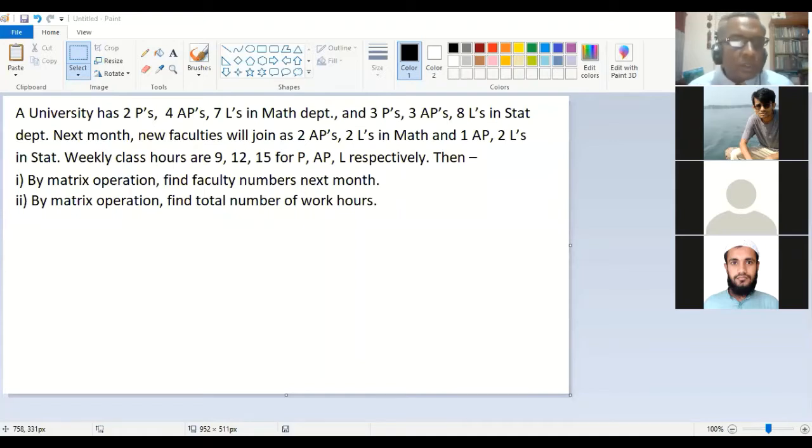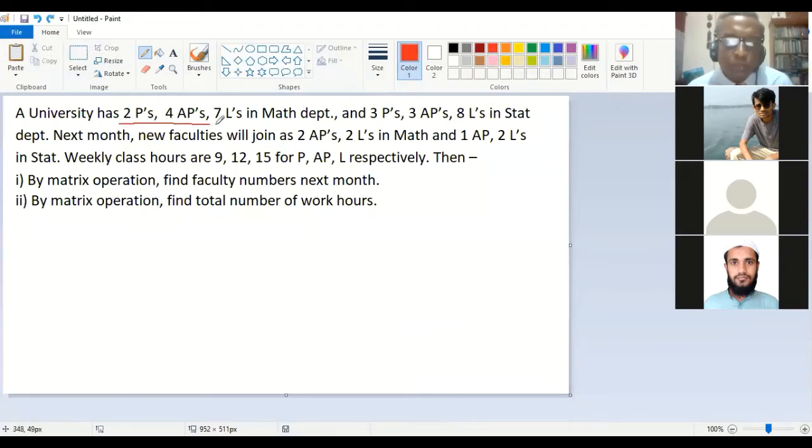On the screen, do you see the question? There is a problem given. You see the question, right? Yes, sir. Okay. Here P means professor, AP means assistant professor, and L means lecturer.